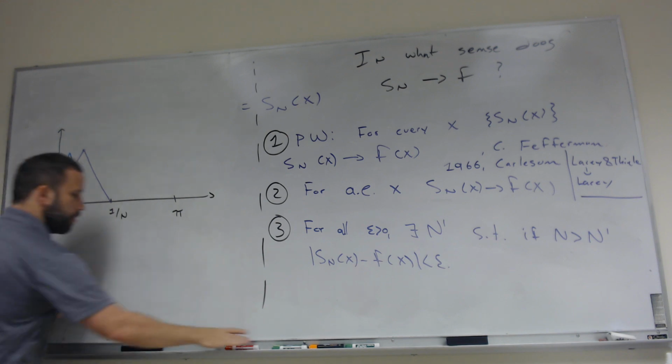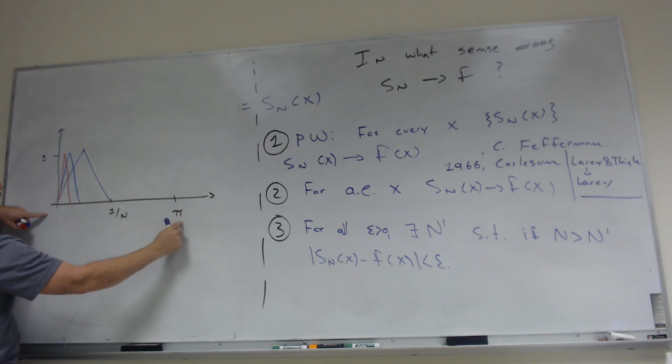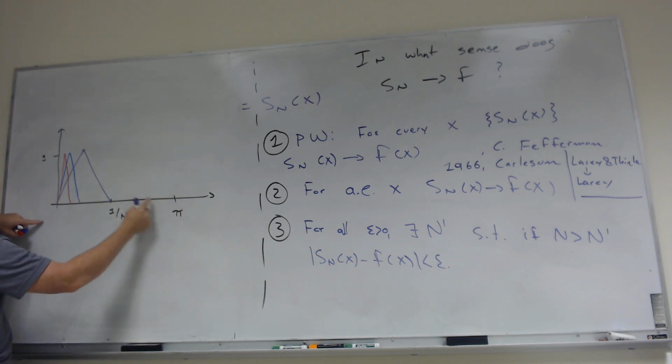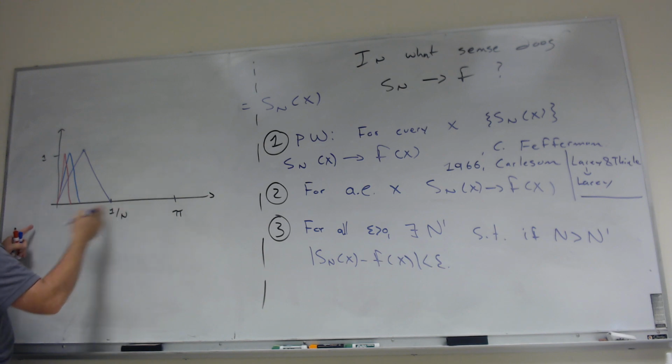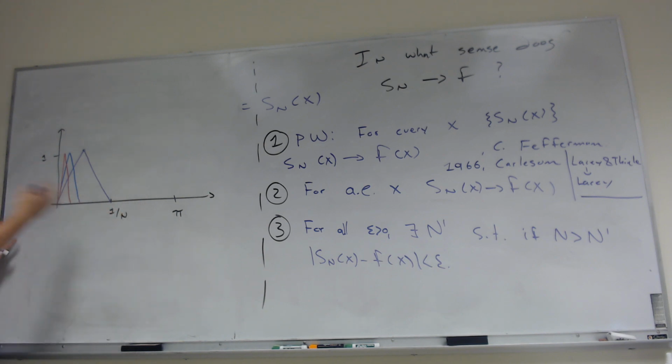If we keep on increasing n, we're going to get something that looks like this. If I started at 1, it'd be 1 over 1, so somewhere here. But anyways, nothing is to scale. The point is, this is the nth function. This is something a little bit bigger than n, something a little bit bigger than that.